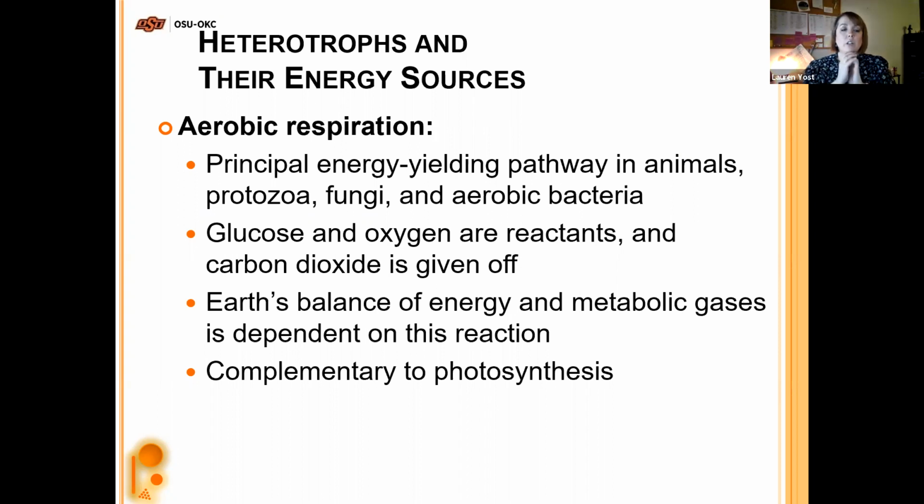We make energy in the form of ATP, adenosine triphosphate, that we can break off that P. ADP is a resulting product, but that breaking off of the P helps drive reactions and stuff like that. All right, that's the idea.